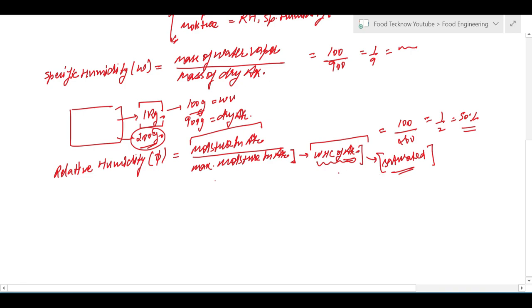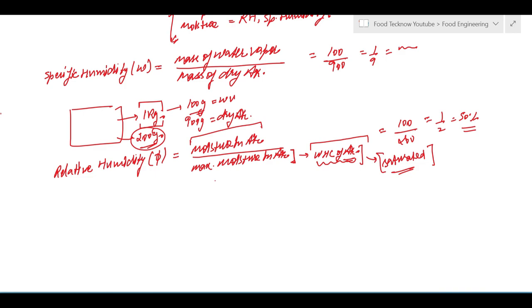So when I say that the air can hold 200 gram of moisture when it is saturated, then it means that the 200 gram is the maximum water that this air can hold. So it is equal to 100 divided by 200, that is the 50% is the relative humidity. I hope ये आपको चीज़ें अभी समझ में आ गई होंगी.